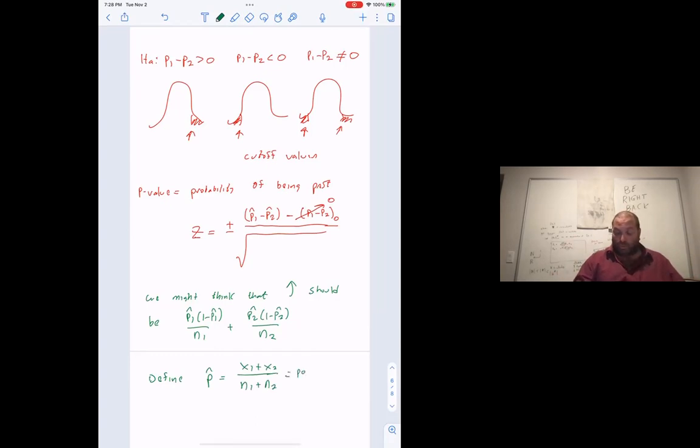It's called the pooled proportion. Since we're working under the assumption that p1 and p2 are the same, we pool the results. And what we put in here is p hat (1 minus p hat) times (1 over n1 plus 1 over n2).